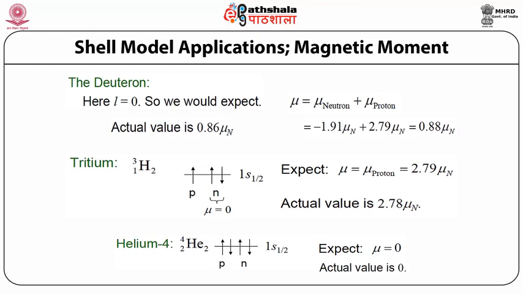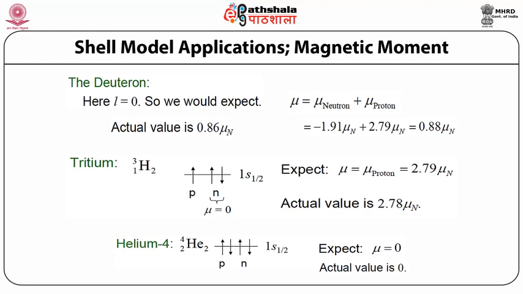Since the two neutrons will be paired up, there is no contribution from them, but only the contribution of the proton will be there. So the expected value of mu is equal to mu proton, that is 2.79 mu n, and the experimentally observed value is 2.78 mu n. So again, it's a very nice agreement between the shell model calculated value and the experimental value.